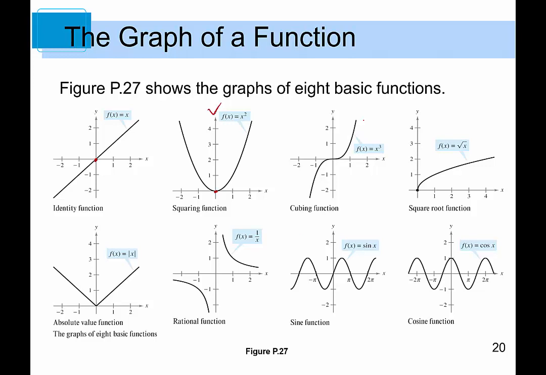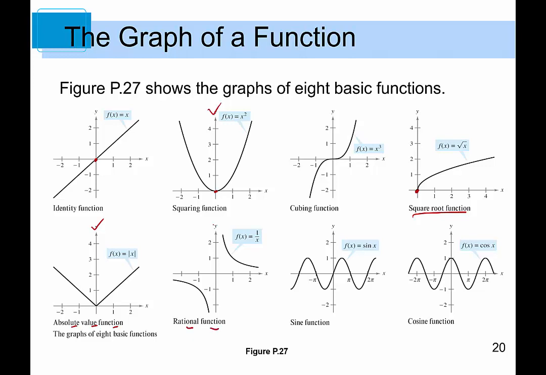The fourth one is the square root function, the square root of x, passing through the origin and going upward. The fifth one is the absolute value function, and it's symmetric about the y-axis. The sixth one is the rational function.